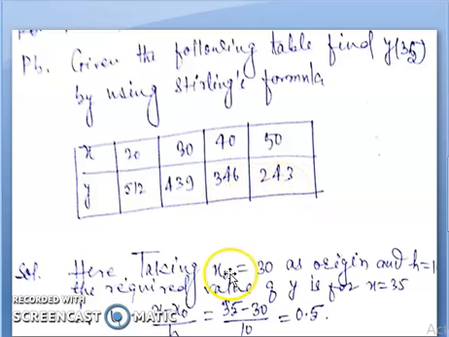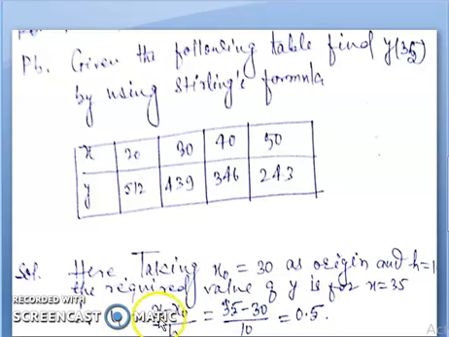Here taking x0 equal to 30 as origin and h equal to 10, the difference between two consecutive values. The required value of y is for x equal to 35.